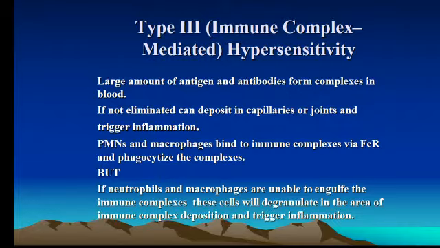This type occurs when a large amount of antigen and antibodies form complexes in the blood. We can see a large amount of antigen and antibody forming complexes in the body, causing coagulation.